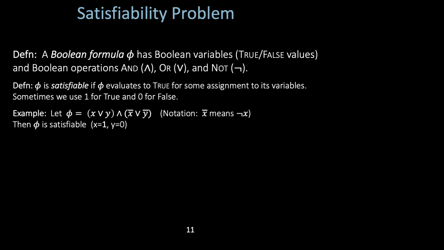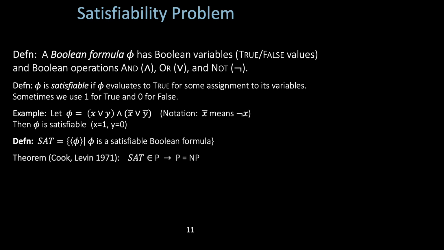Then phi is satisfiable. I can tell you that if I assign x to be true and y to be false, then this will work out. This is not the only satisfying assignment, but it is one of them. The language SAT is the language of formulas where phi is satisfiable.